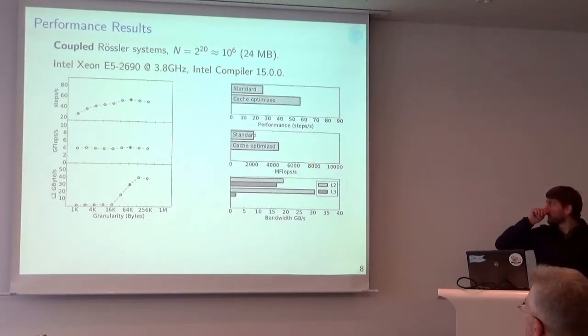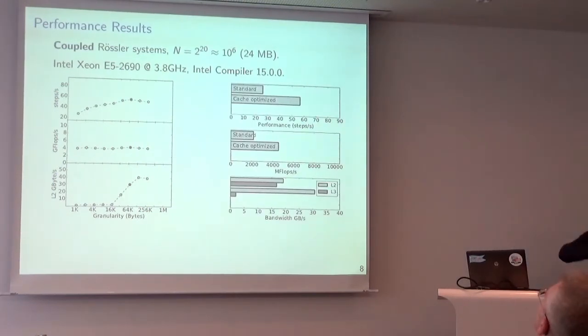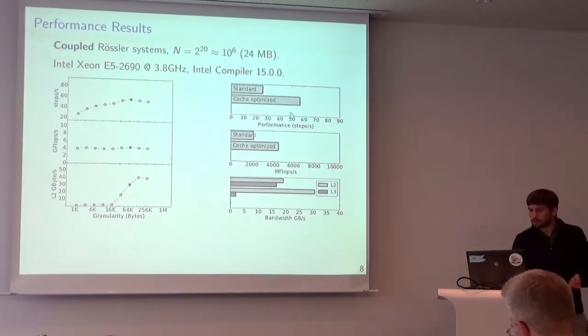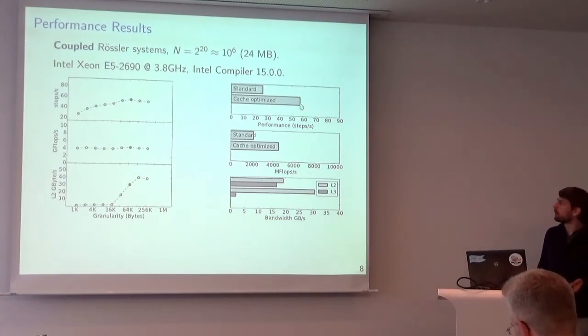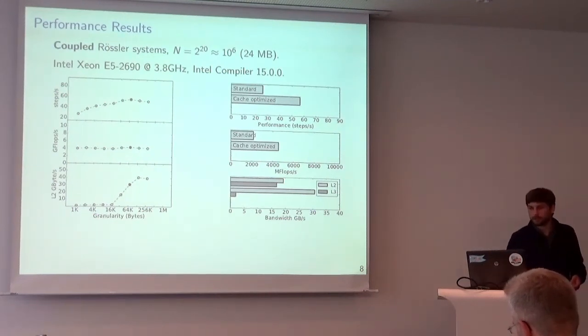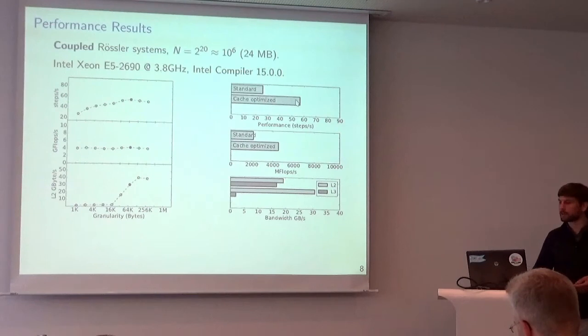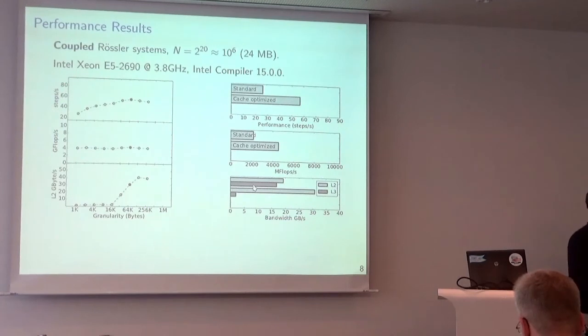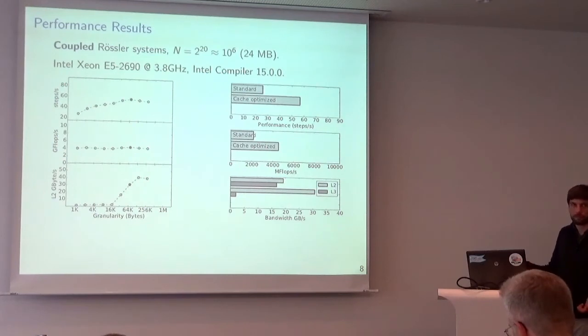Then I can compare this to the standard implementation, which is vector-first. You see that I get a factor of roughly 2.5, well, more than 2 definitely, in actual performance, in steps per second. Also, the gigaflops go up by roughly a factor of 2. The reason you can see here: the standard implementation has a lot of traffic to the L3 cache, which essentially means it has to go to main memory, because everything that comes from main memory goes through L3.